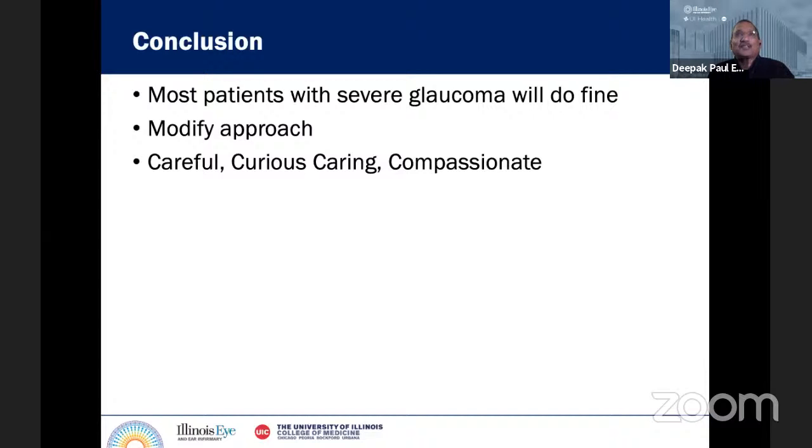I'm one of those dinosaurs who still does trabs. These are patients not for mixed type procedures. So if they were on medications, the answer is yes. If I did topical cataract surgery, I'll have them start the medications on the same day, including the antibiotic and steroid, and put them back on their drops immediately. So the short answer is yes.